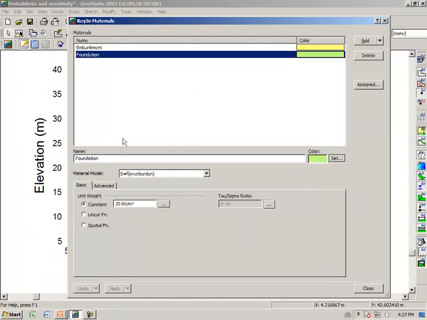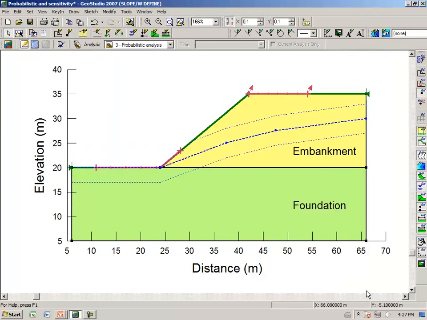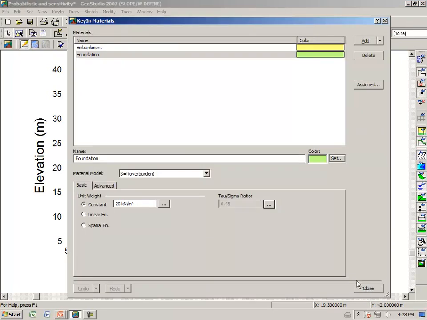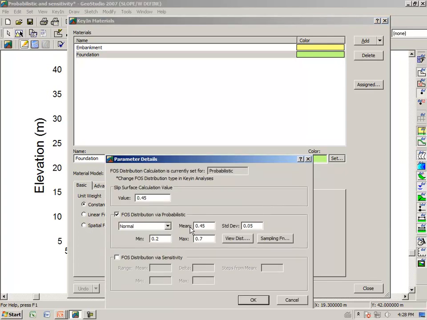The foundation soil uses strength as a function of overburden, and the ratio of shear strength or undrained strength to overburden can be described by some dispersion, where the slope is 0.45 and the minimum is 0.2 and the maximum is 0.7.